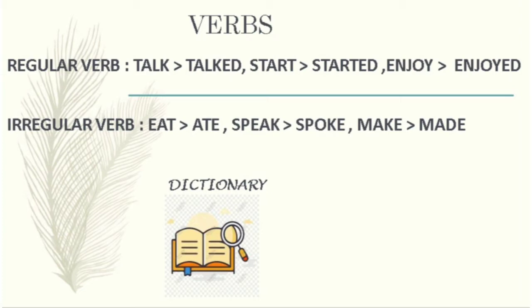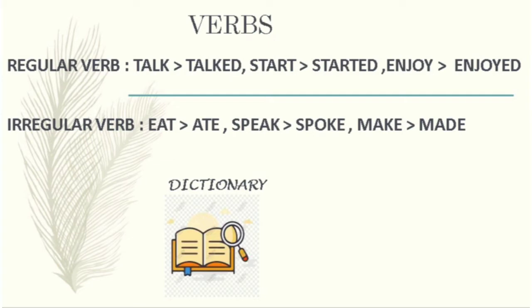That means when you're using a regular verb, you do verb plus ed. So verb plus ed is the basic form for a simple past tense verb. But keep in mind this is only for regular verbs. Not all verbs are regular verbs, okay? For example, some common ones are talk, which becomes talked, start becomes started, and enjoy becomes enjoyed.